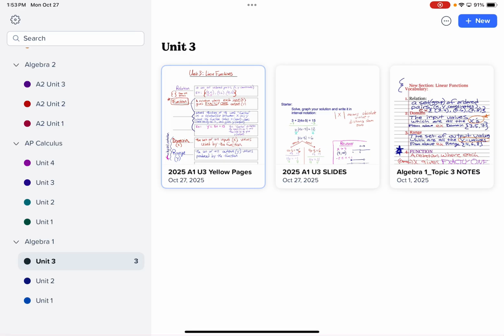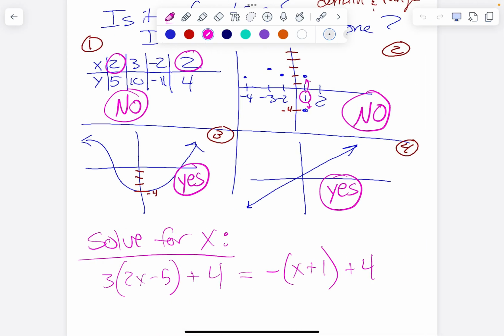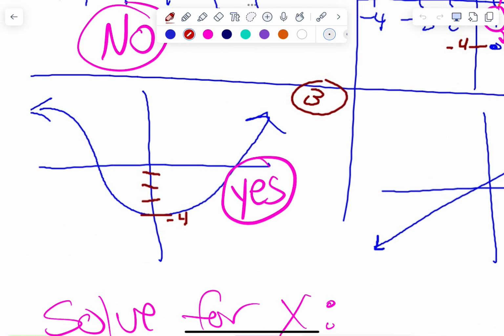Okay, I want to start with the two graphs on the bottom here first. And we'll go here. What do those arrows tell you about the domain? So remember, domain is the x values. And if you didn't do this, take notes with me on it. Like, use it as an example.